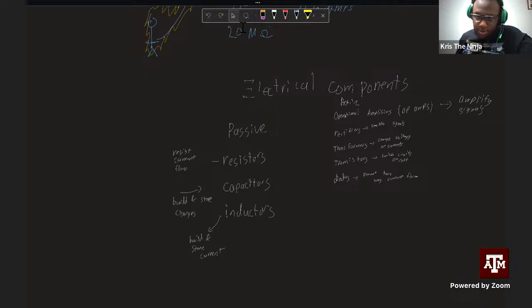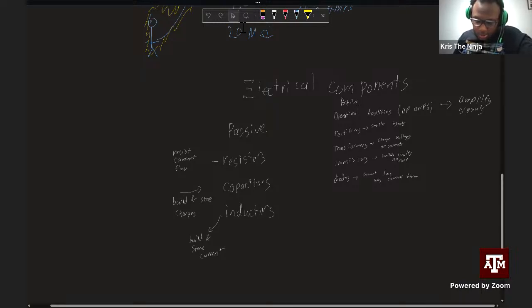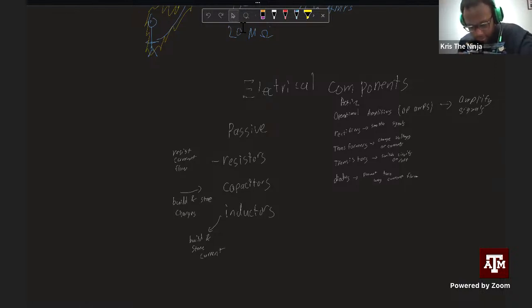Anyway, with these electrical components, just to show you a circuit with all of them in it, you might have a resistor and a capacitor, and this is connected to ground. This is going into an inductor. This is going into a diode.